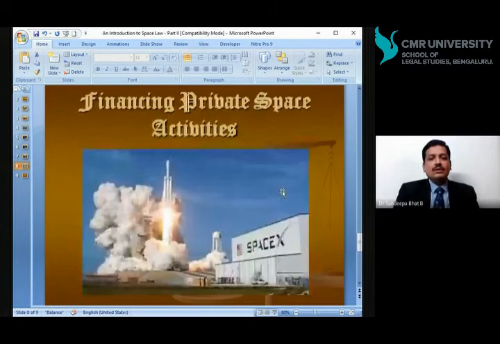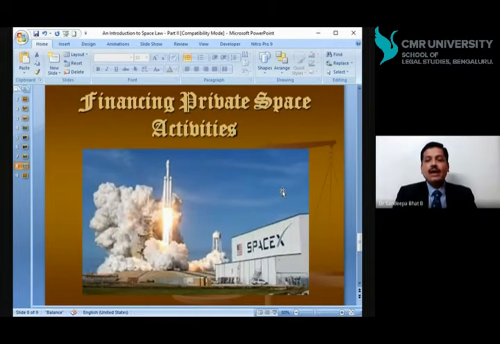Now, the last thing which I would like to point out in terms of the practical significance of space law is the aspect of financing the private space activities. Space investments are huge. There are multi-billion dollars involved in the space activities.